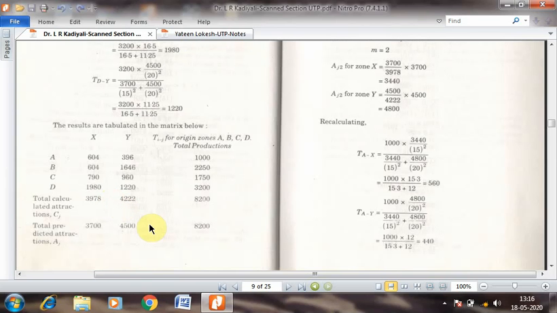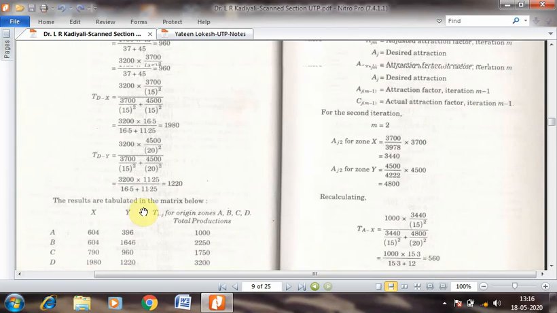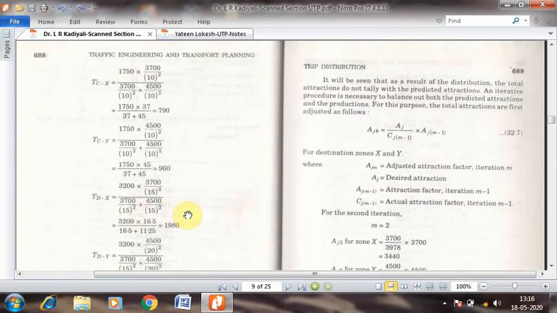Now, to have a proper match, we will have to go back to the initial equation that I had already explained to you. You will have to find out the modified adjusted attraction factor for the next iteration that you are going to carry out. This equation is very important for you to remember.